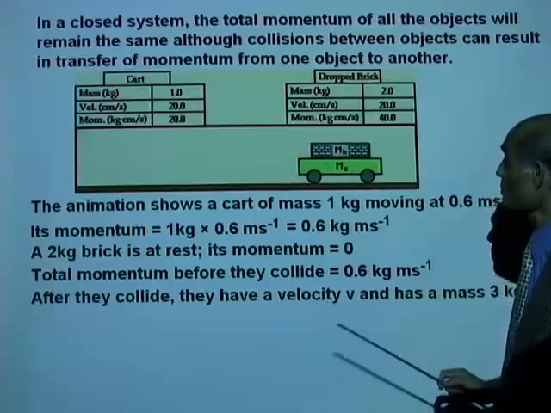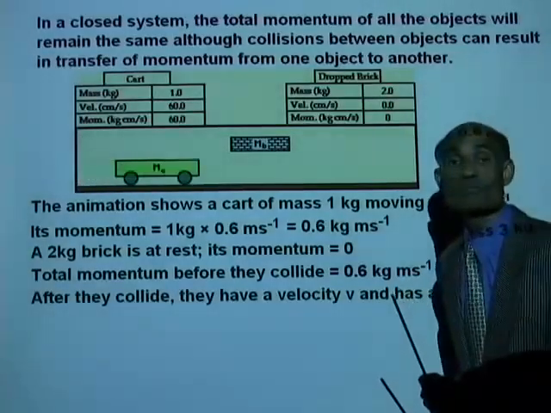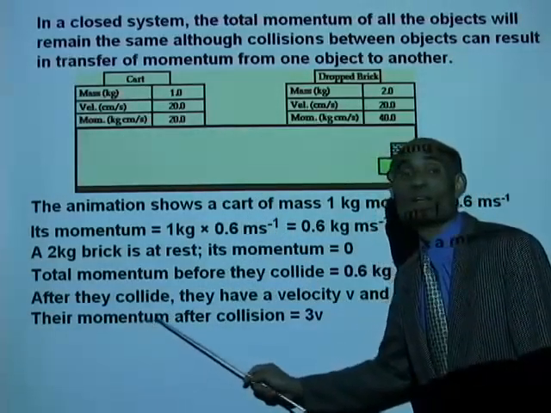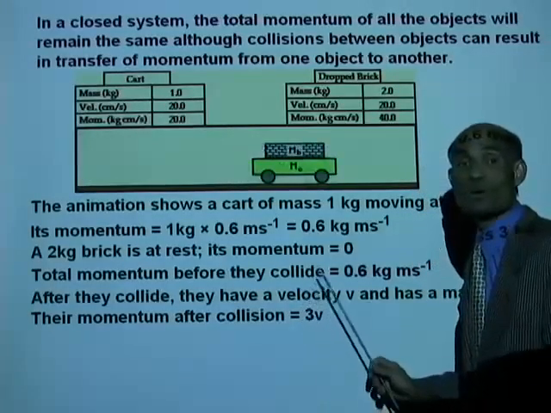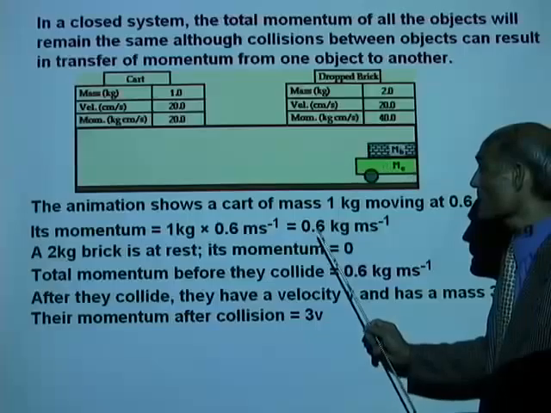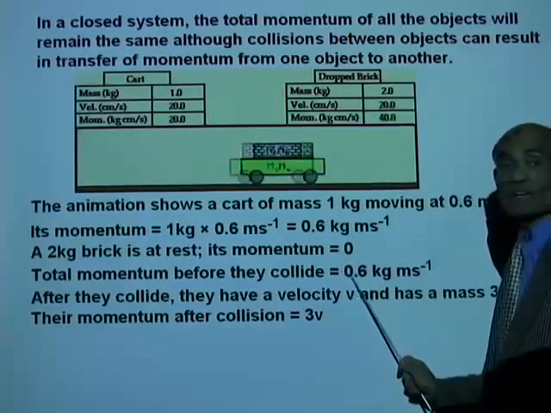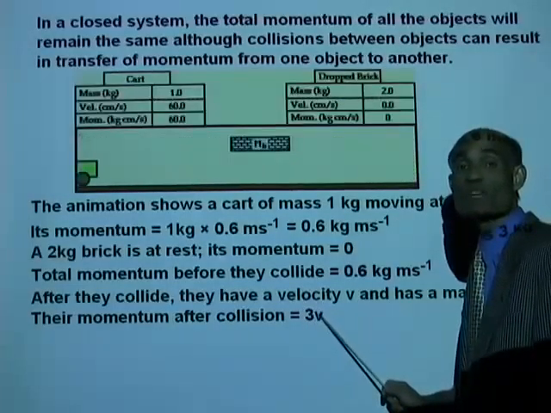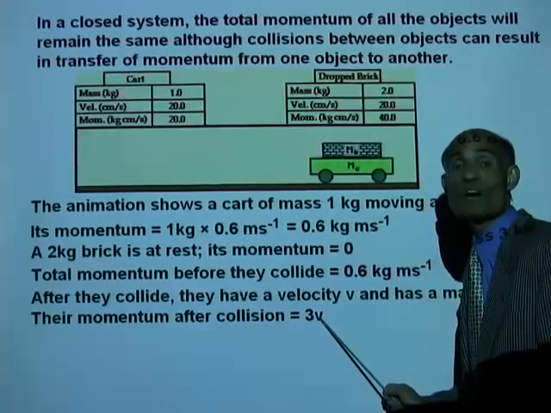They have a total mass of 3 kilogram. Therefore, what is the total momentum after they collide? That will be 3v. The total initial momentum is 0.6 kilogram meter per second. The total final momentum is 3v kilogram meter per second, where we don't know v.